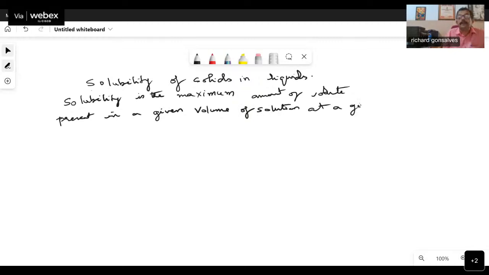Please remember this, at a given temperature. Why? If I change the temperature, solubility also changes.